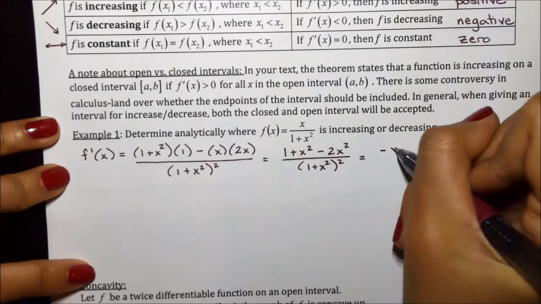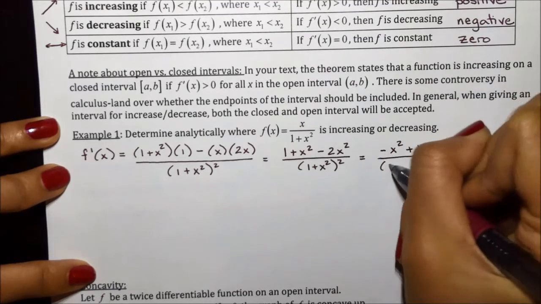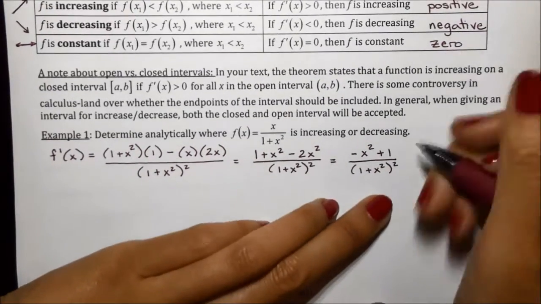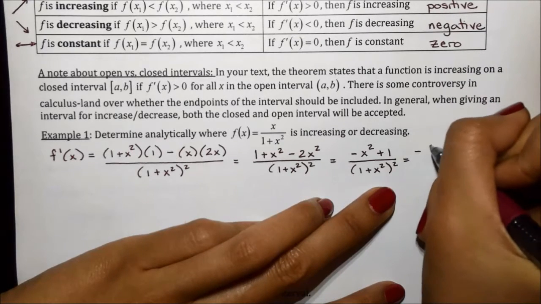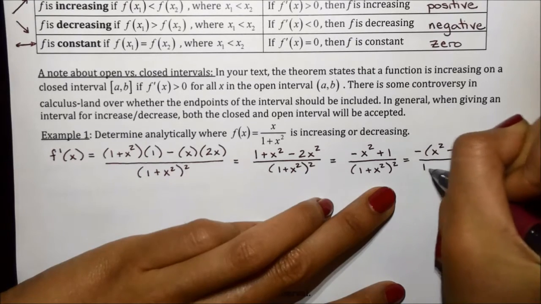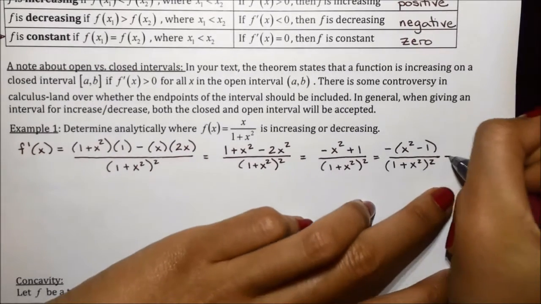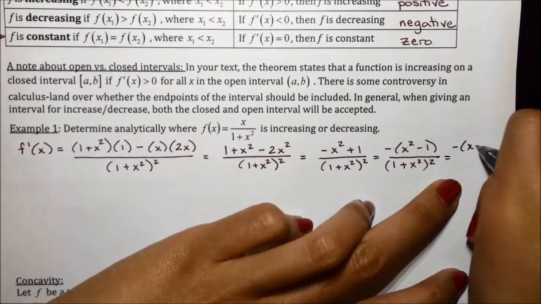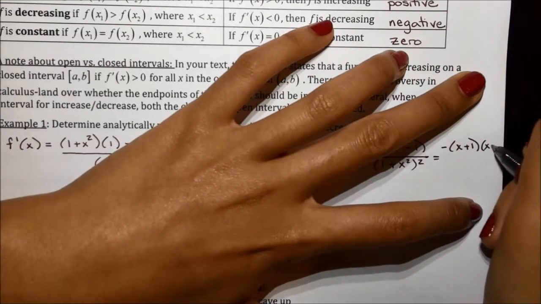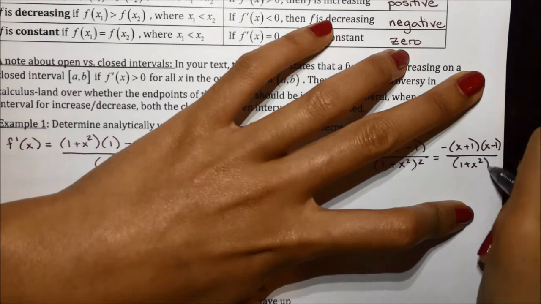That's negative x squared plus 1 over 1 plus x squared squared. And let's factor out the negative. And then the top factors into negative x plus 1, x minus 1, all over 1 plus x squared squared, right?